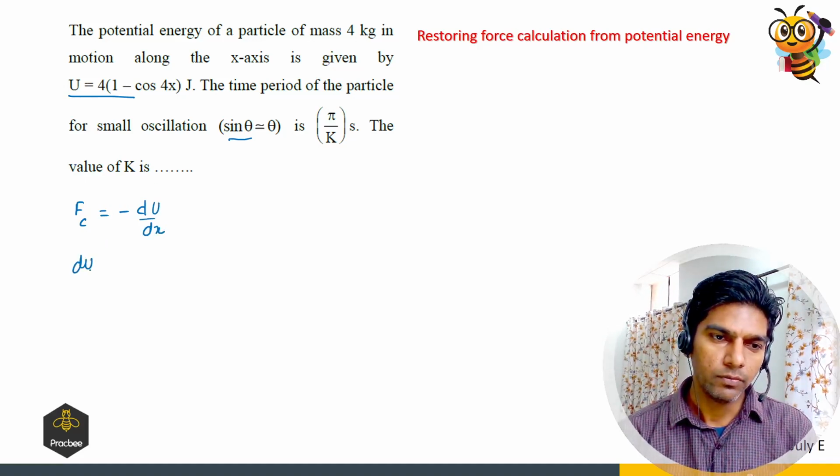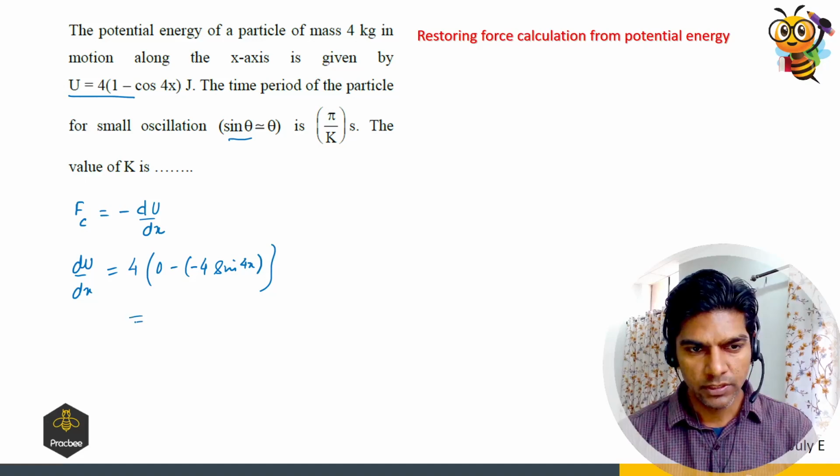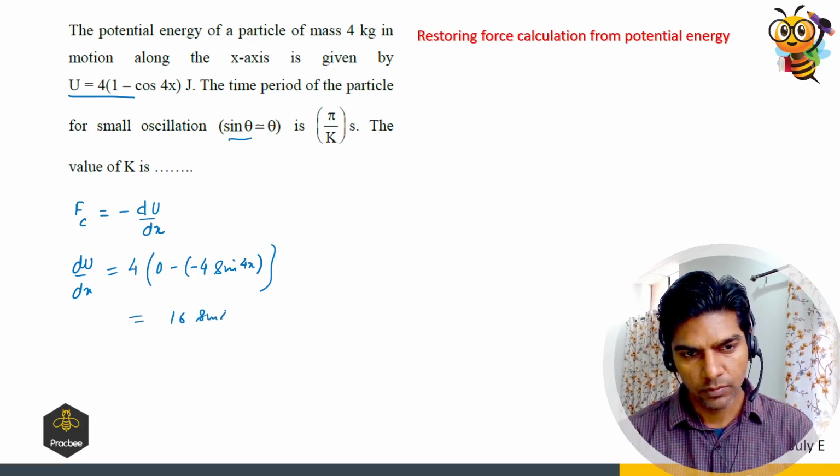So du by dx will be 4 times 0 minus of minus 4, and this will be sin 4x. So this comes out to be 16 sin 4x. So that is du by dx. So the force will be minus 16 sin 4x.